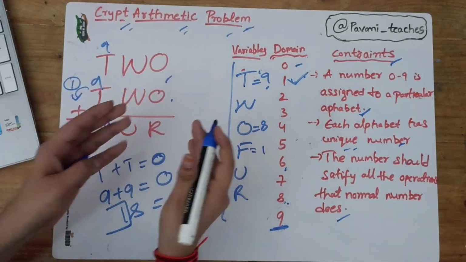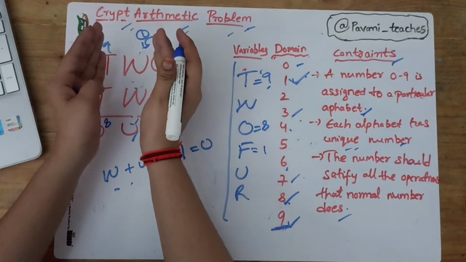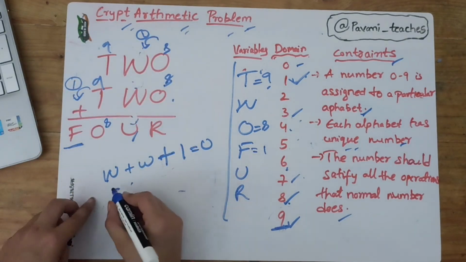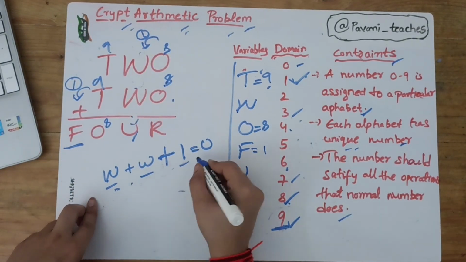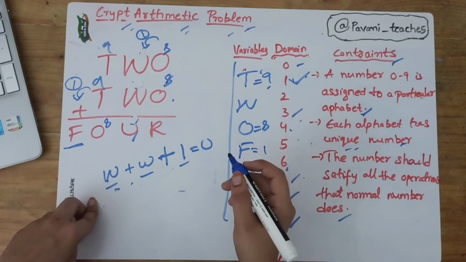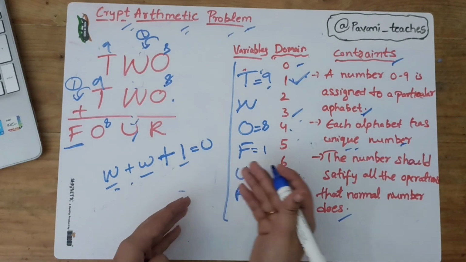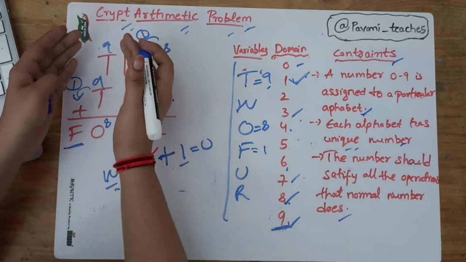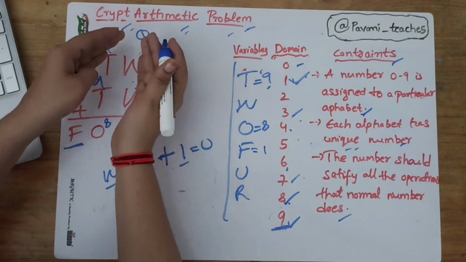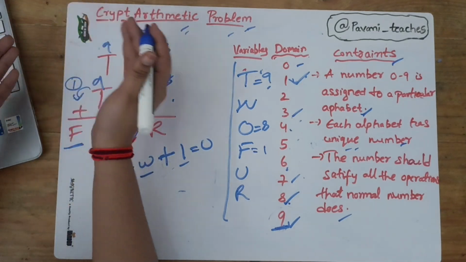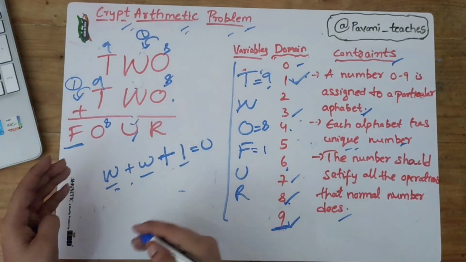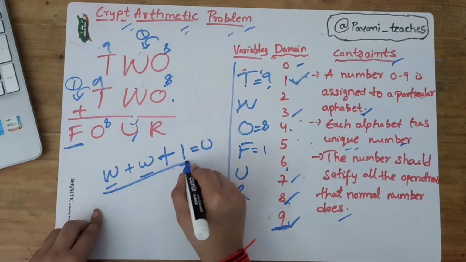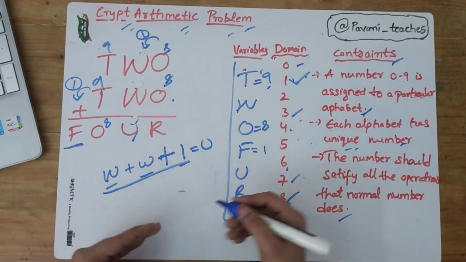Now you have to go to the next one. Now we write the new equation, that is W plus 1 equal to U. You have to check what the possibilities are to solve this equation. Also keep in mind that you haven't carried forward any value to the previous equation. That means the sum of these values should be less than or equal to 9.